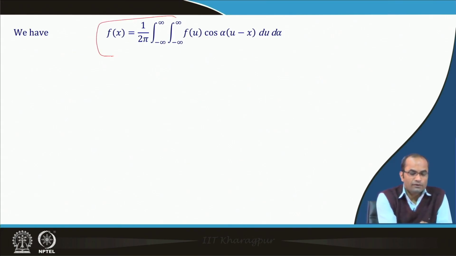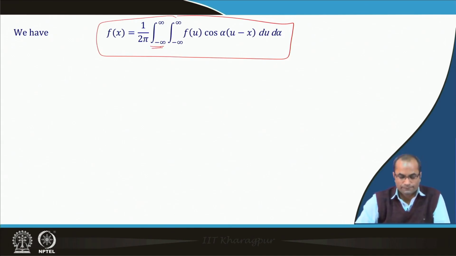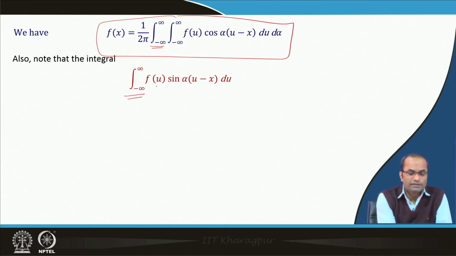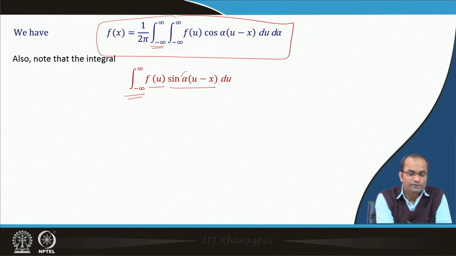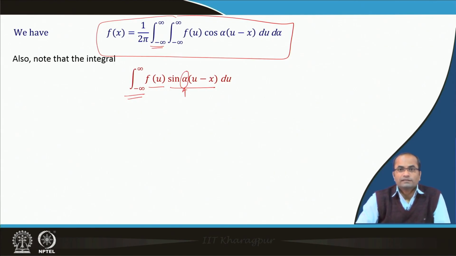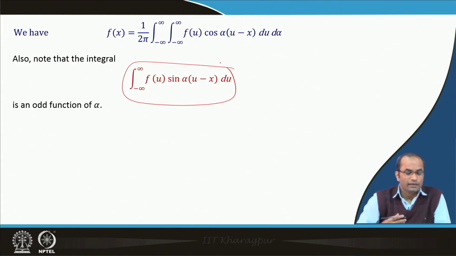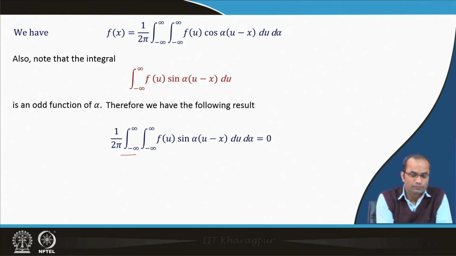So for f(x) we now have this representation where the outer integral goes from minus infinity to plus infinity. We should also notice the integral from minus infinity to plus infinity of f(u) sin(alpha(u minus x)) du, because now instead of cos we have taken sin, and alpha is sitting with sin, which is an odd function.